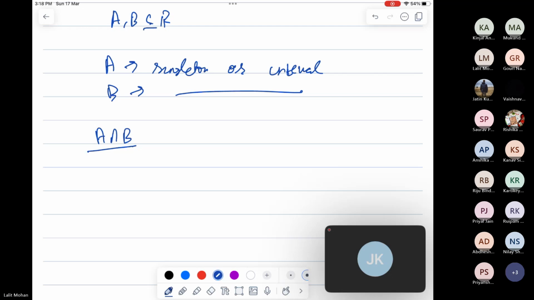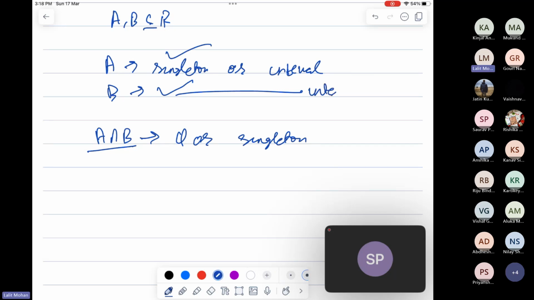Assume A is singleton and B is singleton. What is the possibility of A intersection B? Phi or singleton, right? If one is singleton and one is interval, what is the possibility? Suppose A is singleton and B is interval, or A is interval and B is singleton.